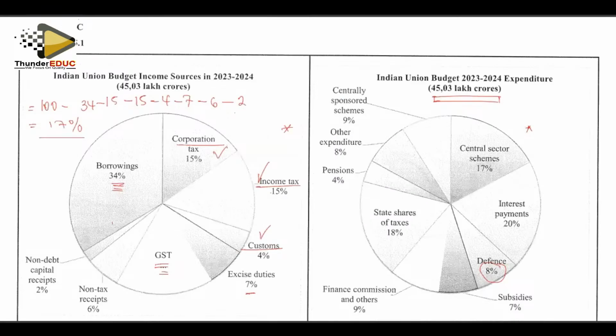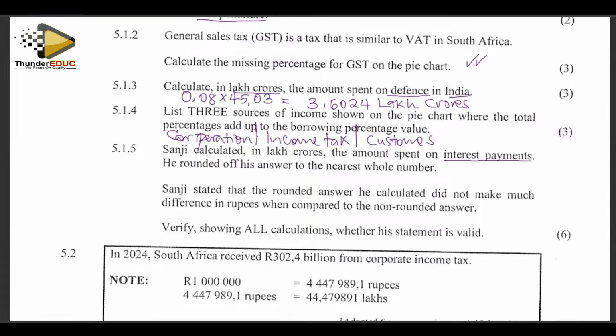Interest payment is 20%. So we shall say 20% times 45.03.